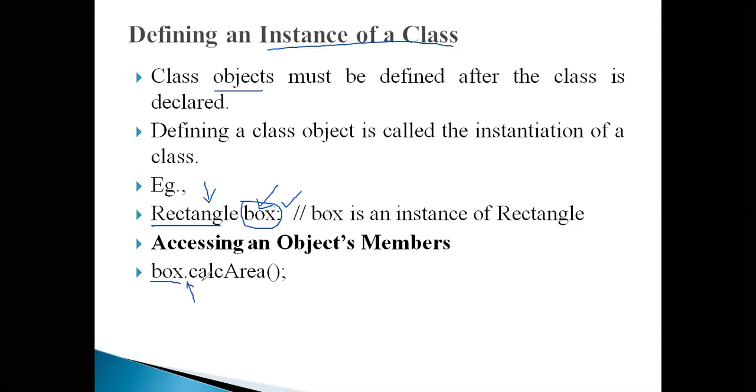So box dot and the name of the function, calc area. Now with this I am accessing the member function calc area by means of the object name and the dot membership operator. With this I access the function clearly. So this specifies how to create the object and how to access the data member or a data function by means of the object.